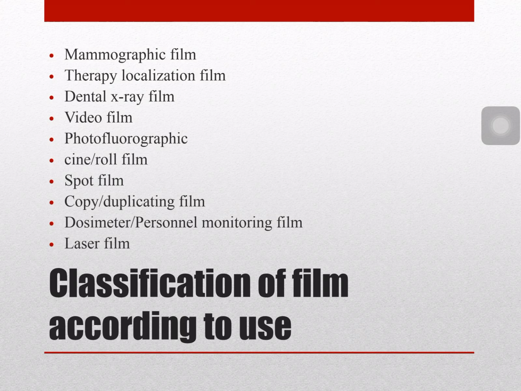Next to photofluorographic is the cine or roll film. Cine or roll film is a single emulsion film. These have sprocket holes.